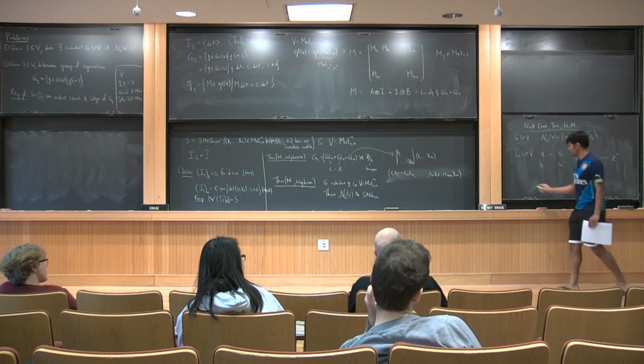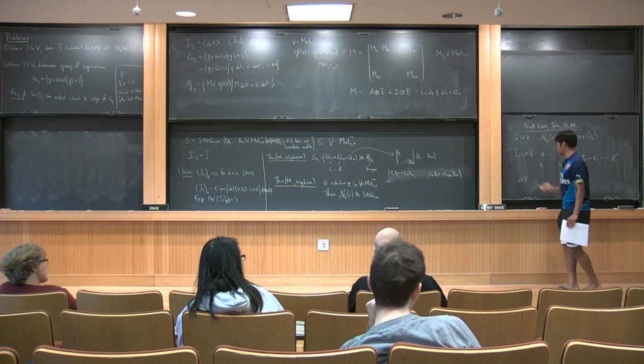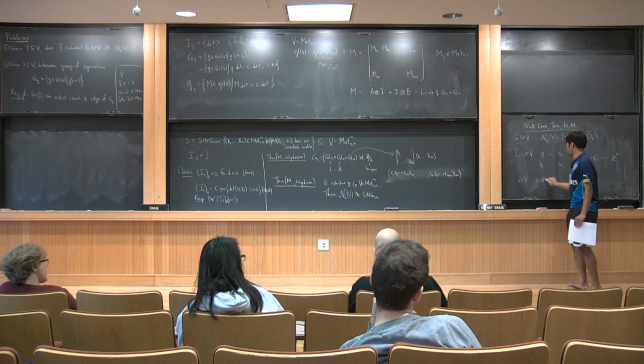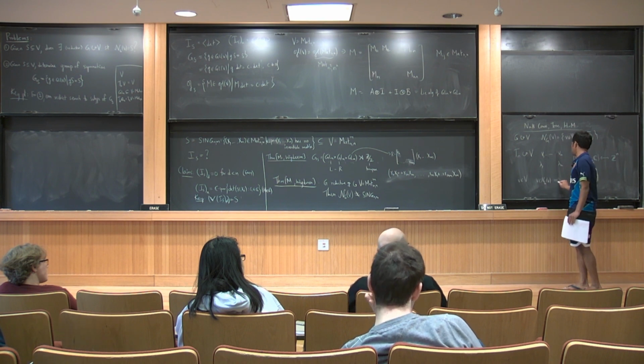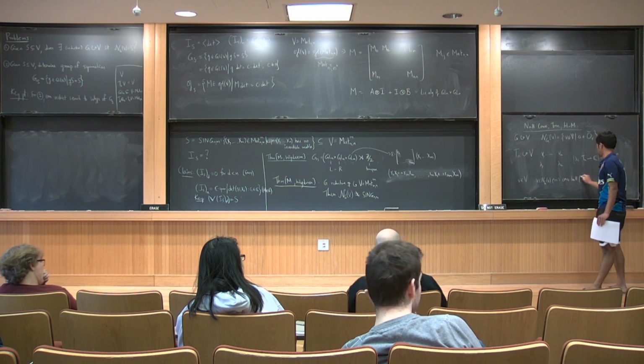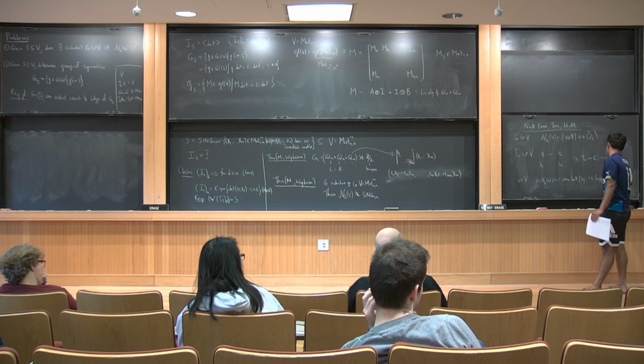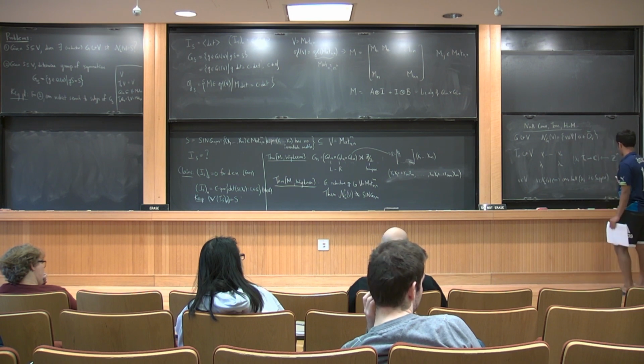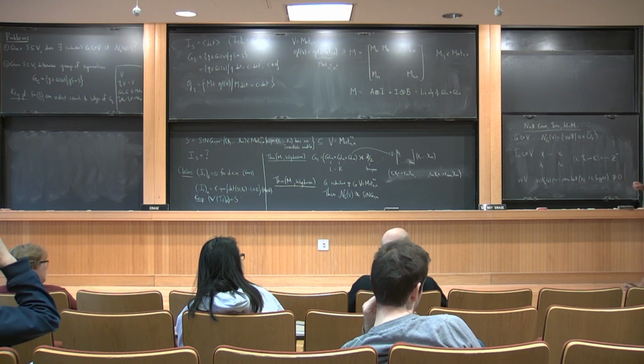And then what did I say? I said, take something in here. Now, V is in the null cone if and only if the convex hull of lambda I, where I is in the support of V, contains 0.